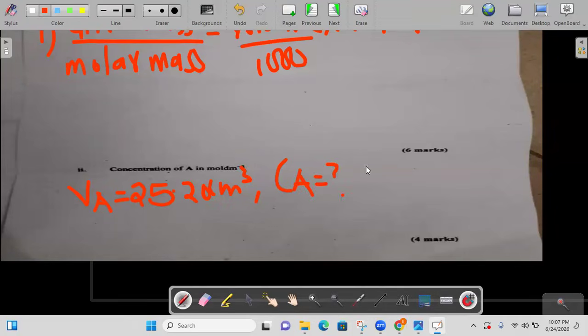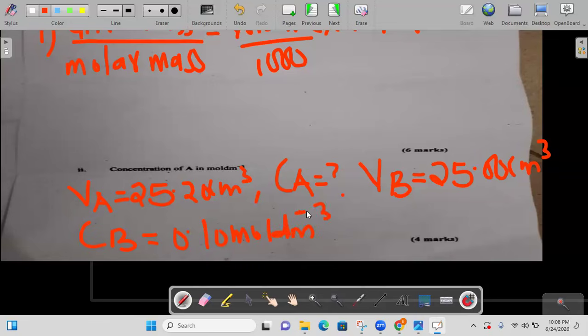I have my VB, the volume of the pipette we recorded earlier, 25.00 cm cube. I have my CB, which was just calculated, 0.10 mole per dm cube. Are you seeing that? From the equation we have written, the mole ratio of the acid NA is 1, and the mole ratio of the base NB is 2. Is it not?